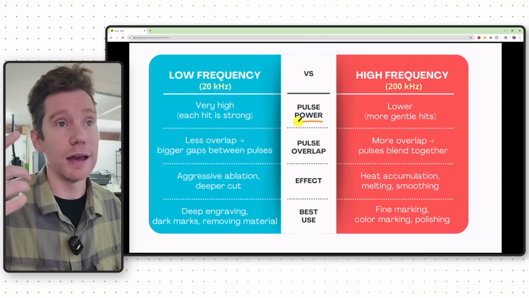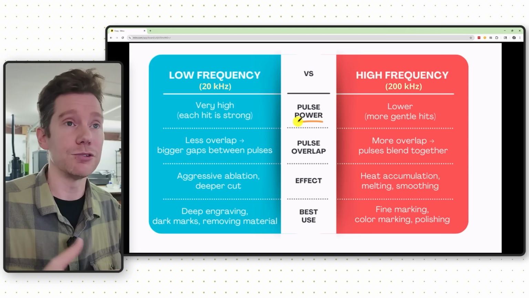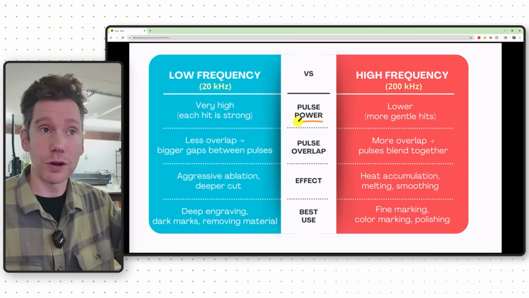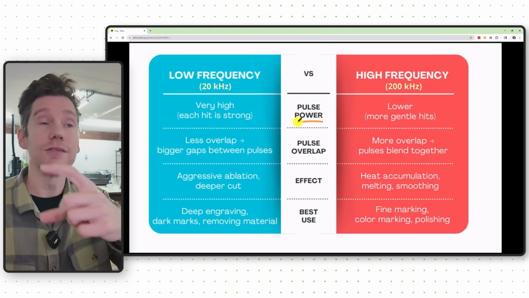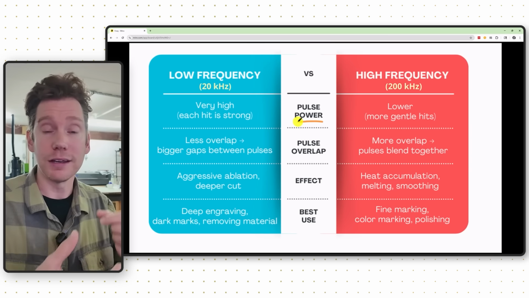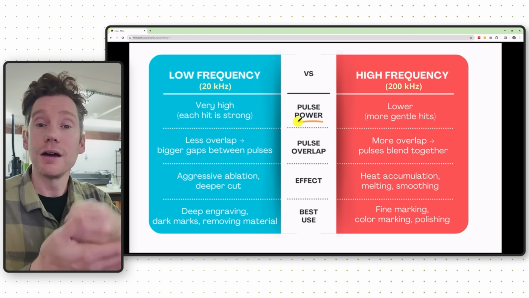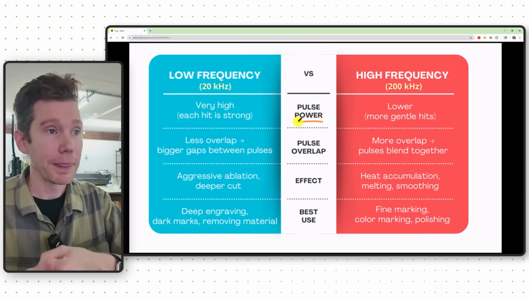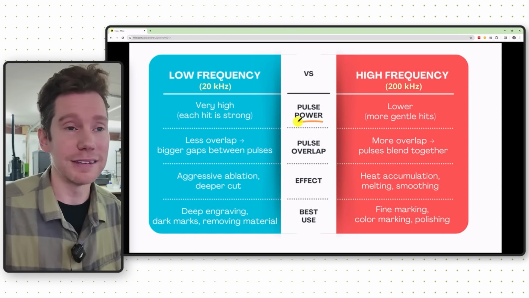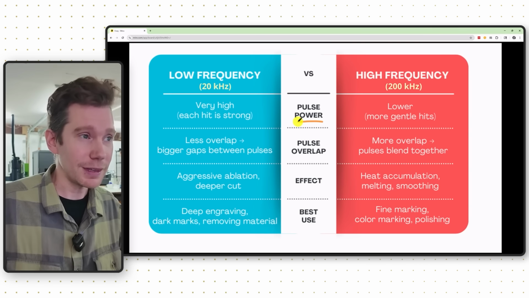Comparing that to a high frequency value, say we're operating at 200 kilohertz, each one of those 200,000 individual pulses is going to carry less overall energy per pulse. It's going to be a lot more gentle hits, okay? Again, this seems like I'm skimming over this, but we'll talk about this in depth in a second here.